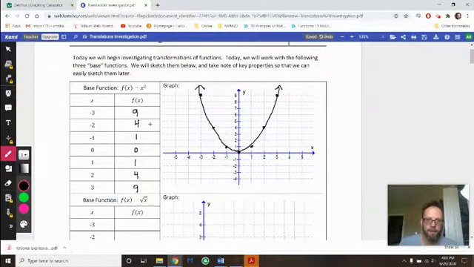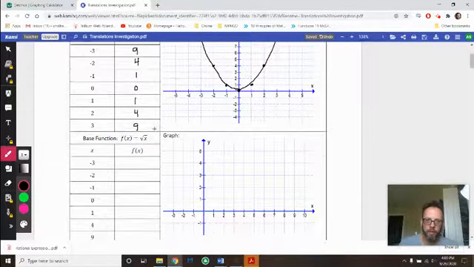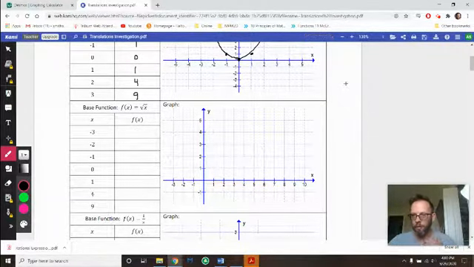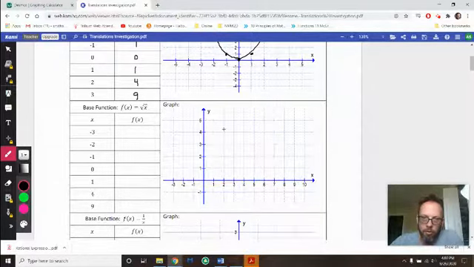We have investigated this function. The next one is the radical function, and I want to share with you the key points you absolutely must know so that you could just reproduce this graph from memory. From our discussions with domain and range, we know that you can't root a negative number.